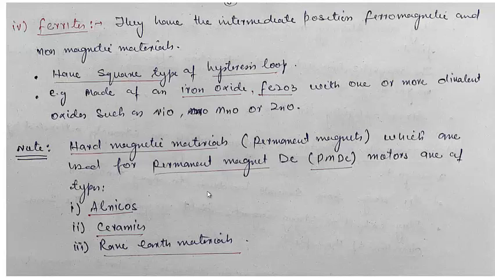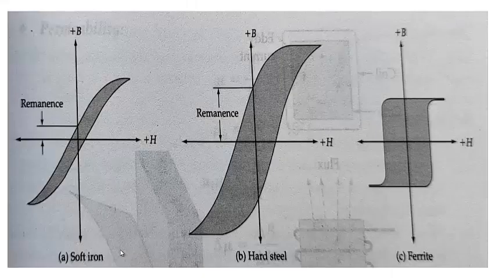So we can call them permanent magnets. These hard material permanent magnets are made from alnicos, ceramics, or rare earth materials. This way we can see the different uses and applications when we use the hard magnetic material.